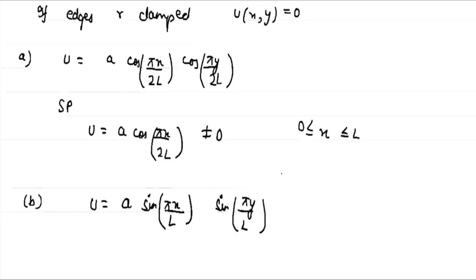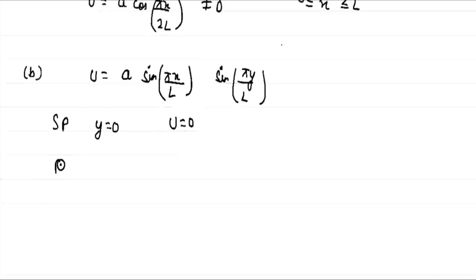Now if we check for SP, we know that y would be equal to 0. If you put y as 0, this term would be sine 0, and sine 0 is 0. So we can say that u would be equal to 0.